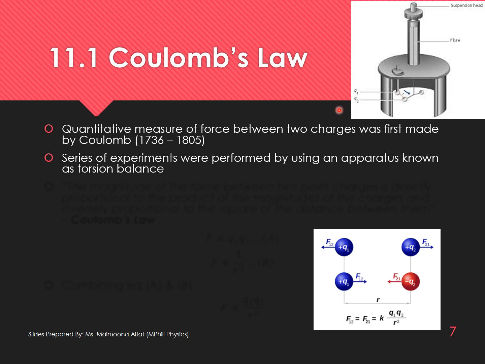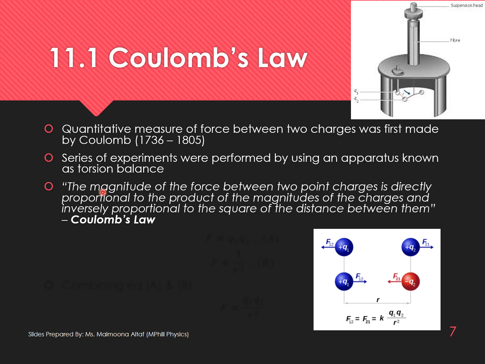After performing the series of experiments, he was able to propose a law, and according to his statement, the magnitude of the force between two point charges is directly proportional to the product of magnitudes of the charges and inversely proportional to the square of the distance between them.